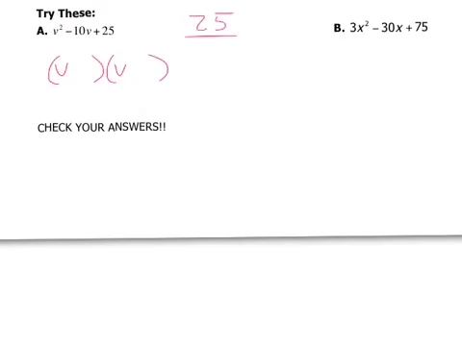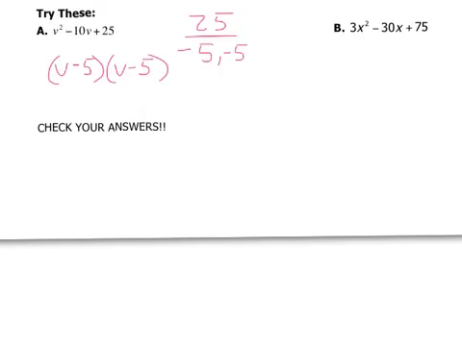So what multiplies to 25 and adds to negative 10? Negative 5 and negative 5. So it's v minus 5 and v minus 5 because those are my two factors. Okay, much quicker than the AC method, but this only works if it's a regular old x squared out front. If it's like 5x squared or 2x squared or negative 1x squared, you still have to do the AC method.